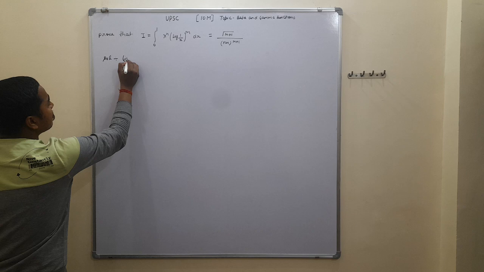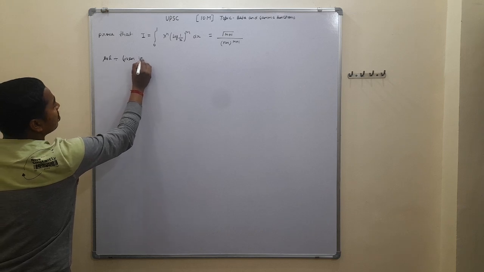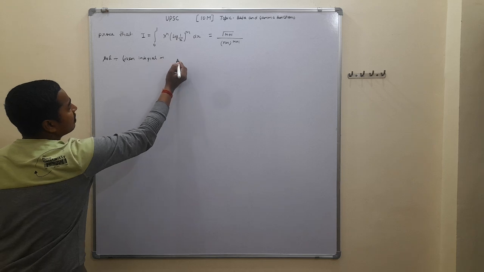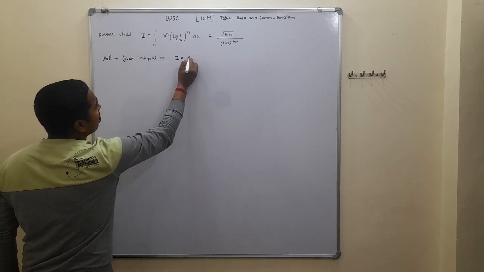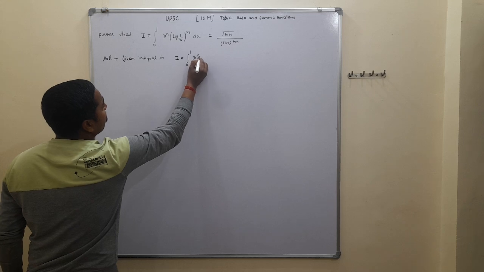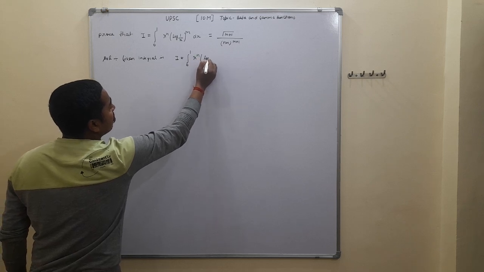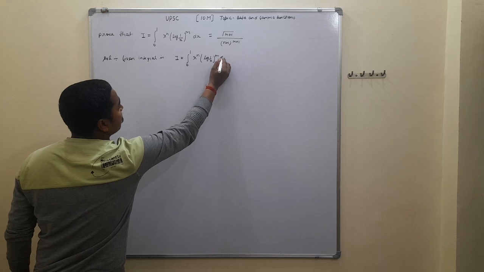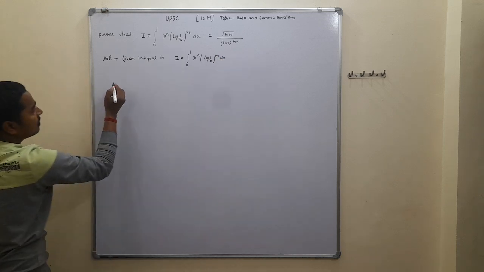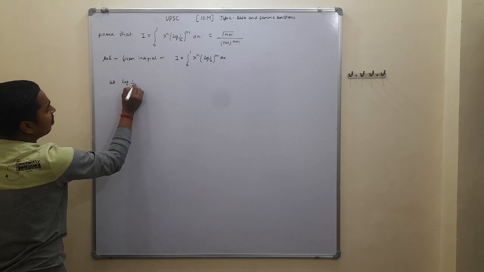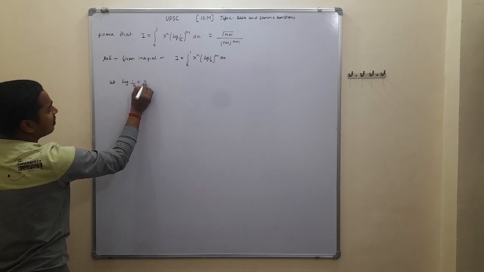Given integral is I equals integral, limit 0 to 1, x to the power n and (log 1 by x) to the power m dx. Let log 1 by x equal y.